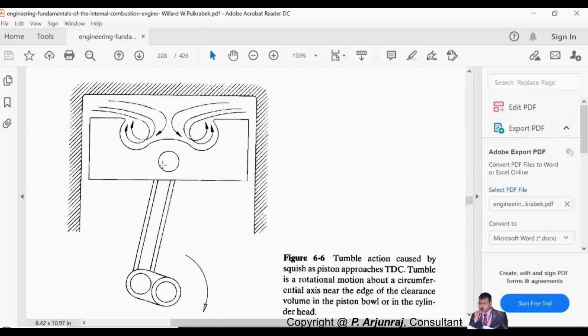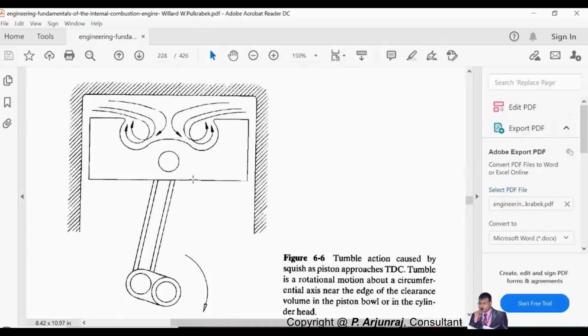This is the rotational motion because you get the rotation of the system about the circumferential axis, which is near the edge of the clearance volume, inside the piston bowl or in the cylinder head.